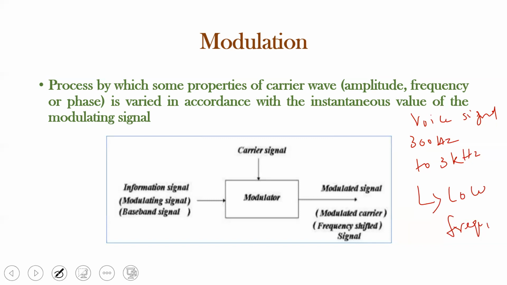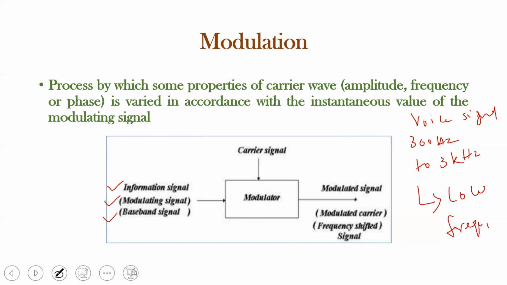Now, if we want to transmit the same low frequency signal over a long distance, then we have to go for this process called modulation. In modulation, there will be two inputs given. One is called the information signal, or you can say the modulating signal, or the other name is also baseband signal.